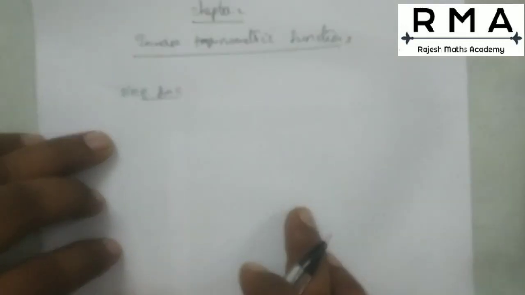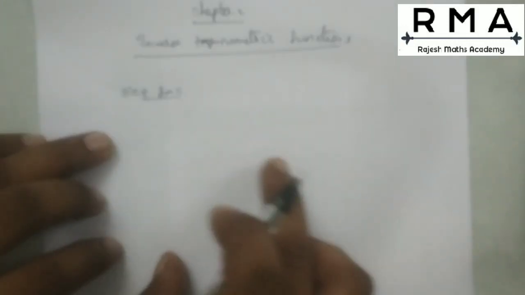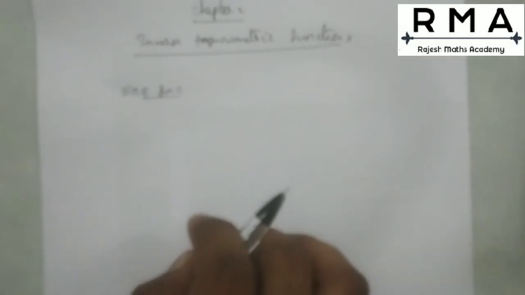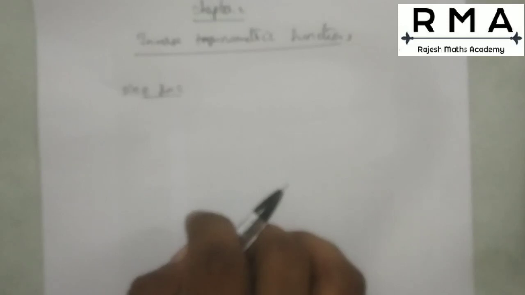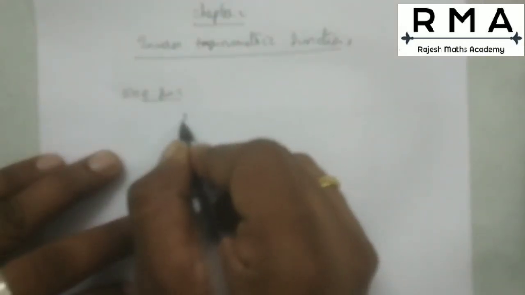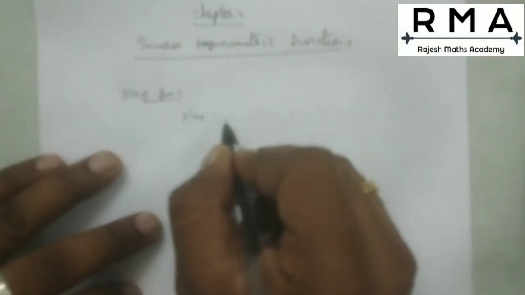After that we will go to the graphs, the sine graph, cos graph, all the graphs, and see from the graph how we write the range and the domain. Then we will go to the definition of sine inverse of x, and finally to the exercise problems. Clear?